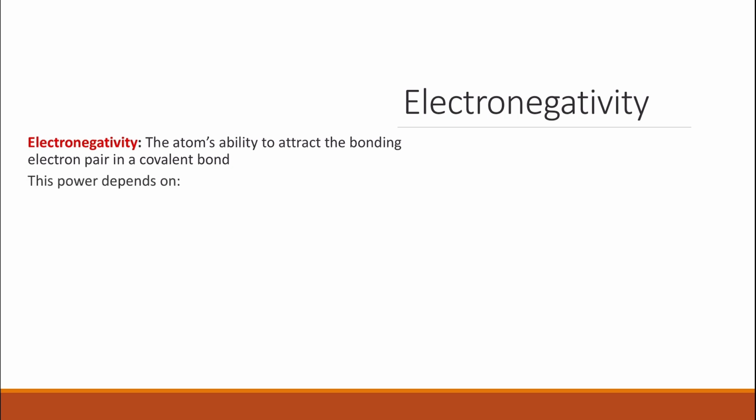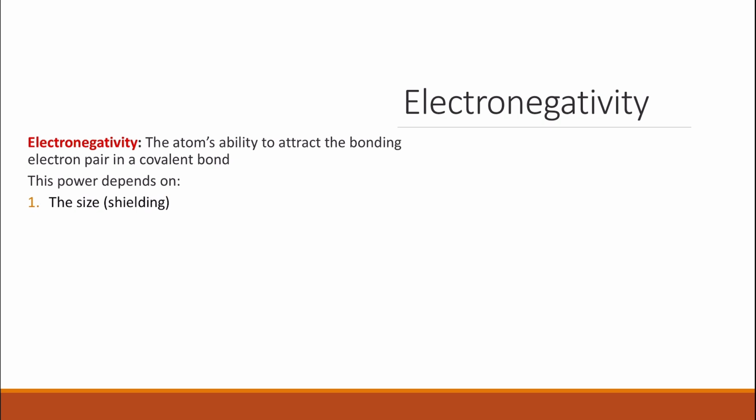So we know that electronegativity is the ability of the atom to attract the bonding electron pair in a covalent bond. This power will depend on two main factors. The first one is the size of the atom, because the size of the atom means shielding.